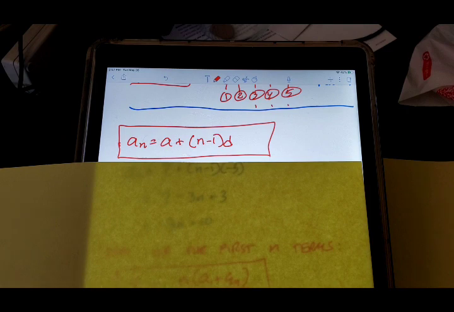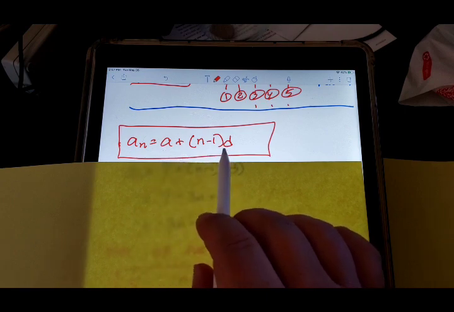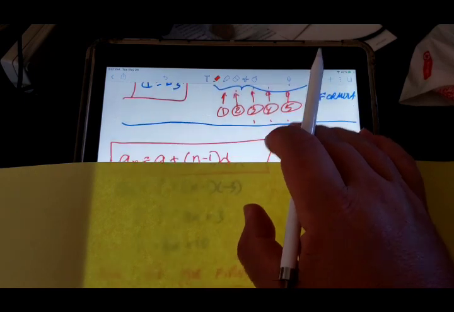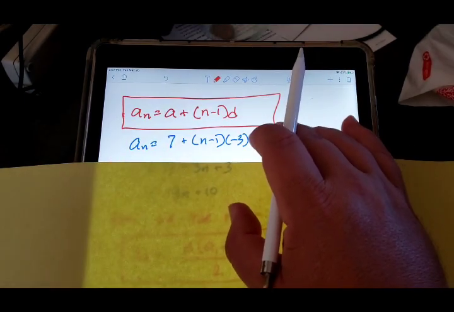All right. So in this section, we have this formula. To find the formula, it is A sub n equals A, which is the first term, plus (n minus 1) times d. So in other words, I could do this whether I have the list or not. I could just substitute into this formula.